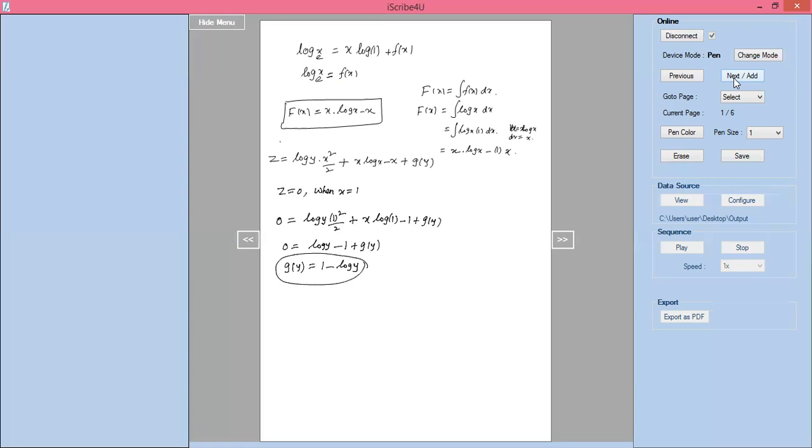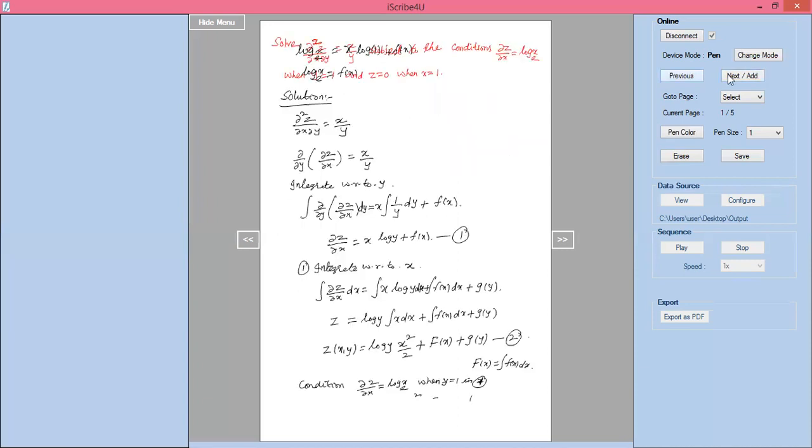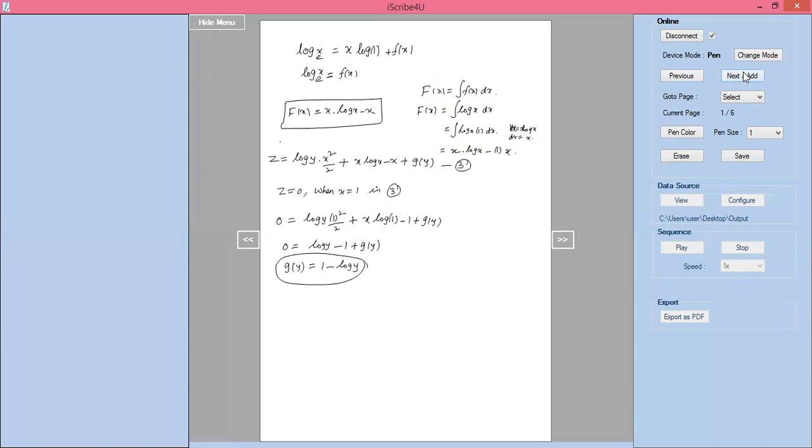Now I can substitute this in equation number 3. Already we used equation 3? No, I didn't use equation 3. This is equation 3, and g of y equals 1 minus log y.